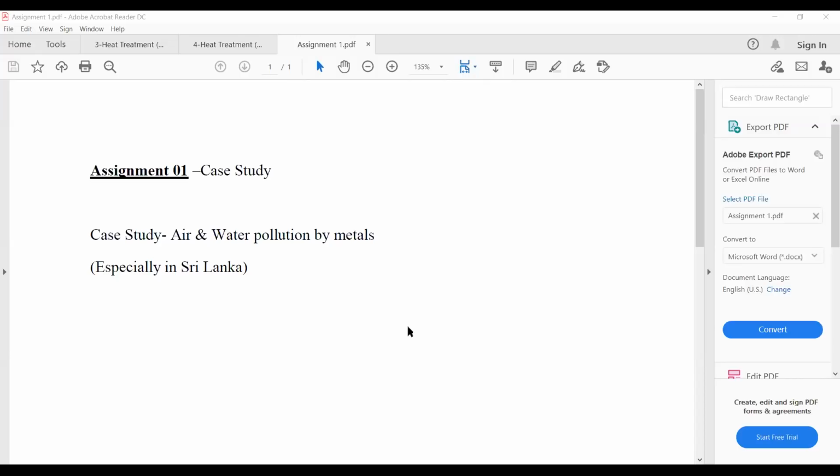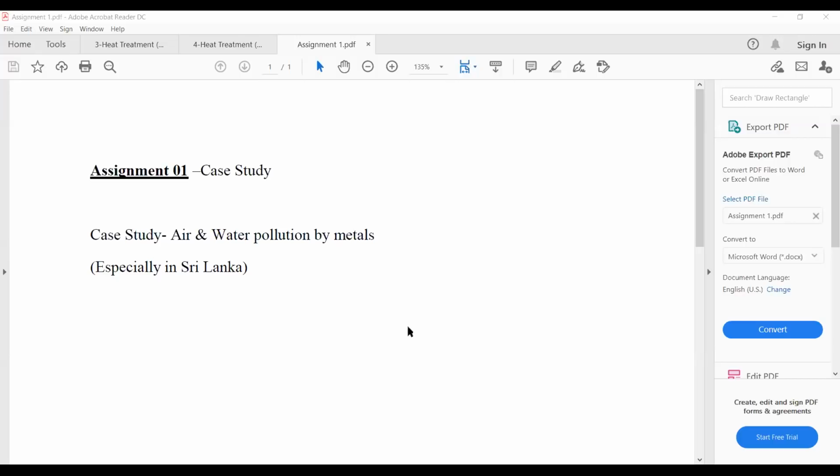The main thing: you have to write a minimum of 5 ways, then explain in which ways the metal pollutes the air and the water.